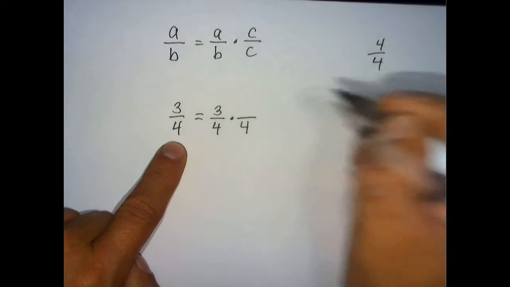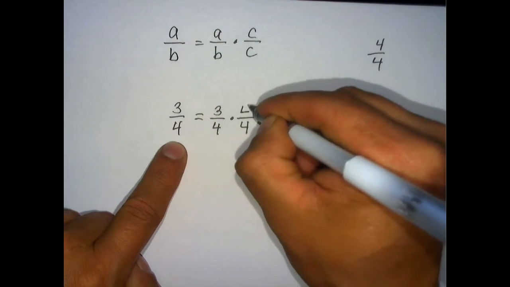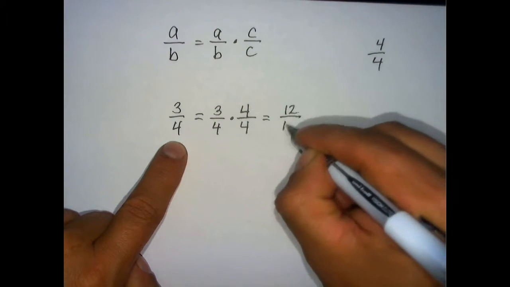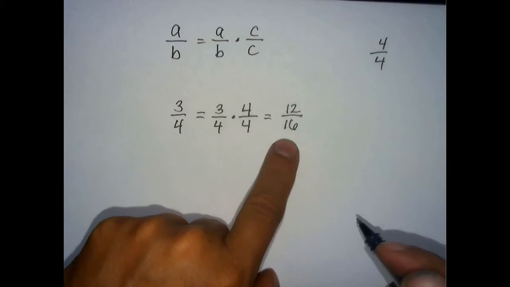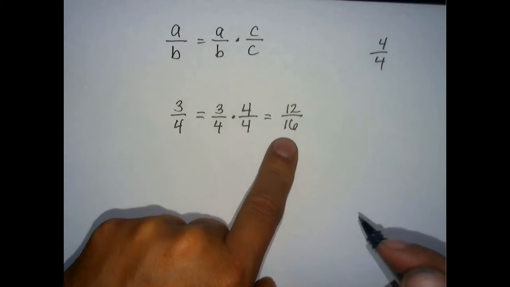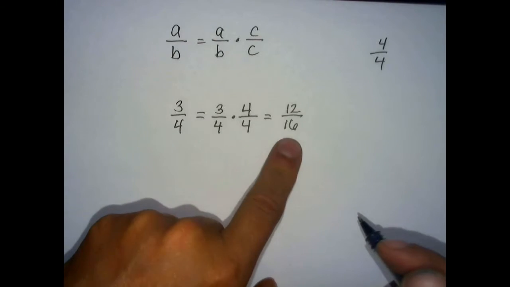So if I multiply the denominator by 4, to keep the fraction equivalent, I have to multiply the numerator by 4. And in doing so, I end up at the fraction 12/16. Not reduced, but not what we were looking for. We wanted a fraction with a denominator of 16. So there's no need to reduce this. If it asks you, please give me a fraction with a denominator of 16, that's the answer.